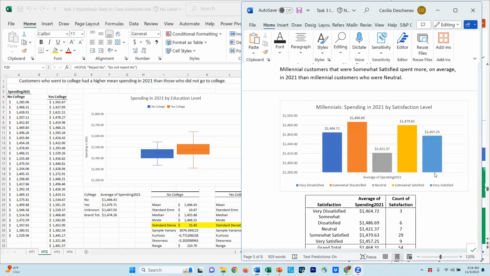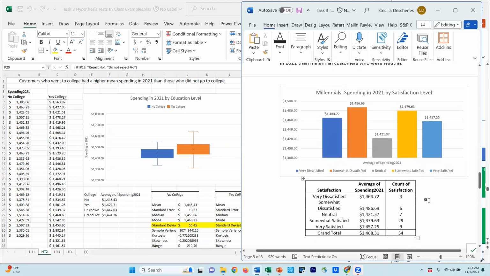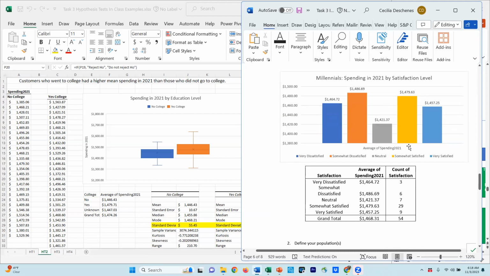So in here, there's a lot of different postulates I could have pulled out. So I wasn't sure which one to pull out. So I actually added to my pivot table the count of satisfaction because I wanted to focus on which of these bars actually came from the largest sample size. Because the greater the sample size, the greater the power, all things being held equal.